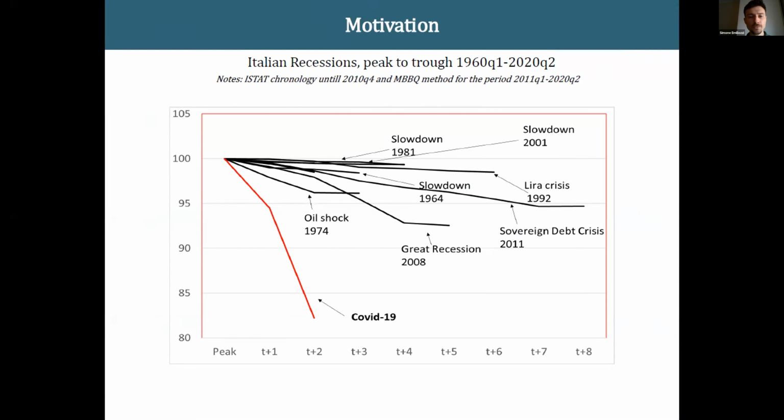This graph shows you the recessionary path in Italy from the 60s till 2020 Q2, and basically you can see that COVID-19 was an extraordinary recession for its depth and for its gradient, that was incredibly strong with respect to all the other recessions that hit Italy.